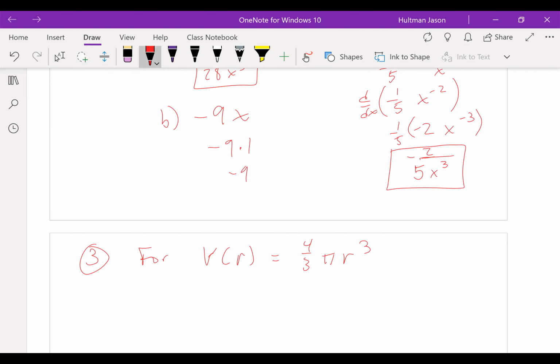So V of r, the volume, is based on the radius of the sphere. Let me draw this out a little bit better. So we have the radius.